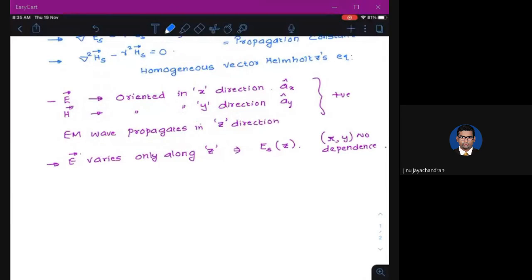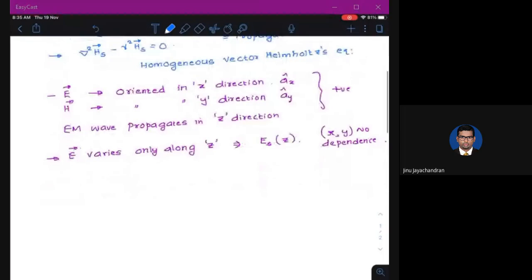Right? Okay. Now let's look at this equation, del square Es.